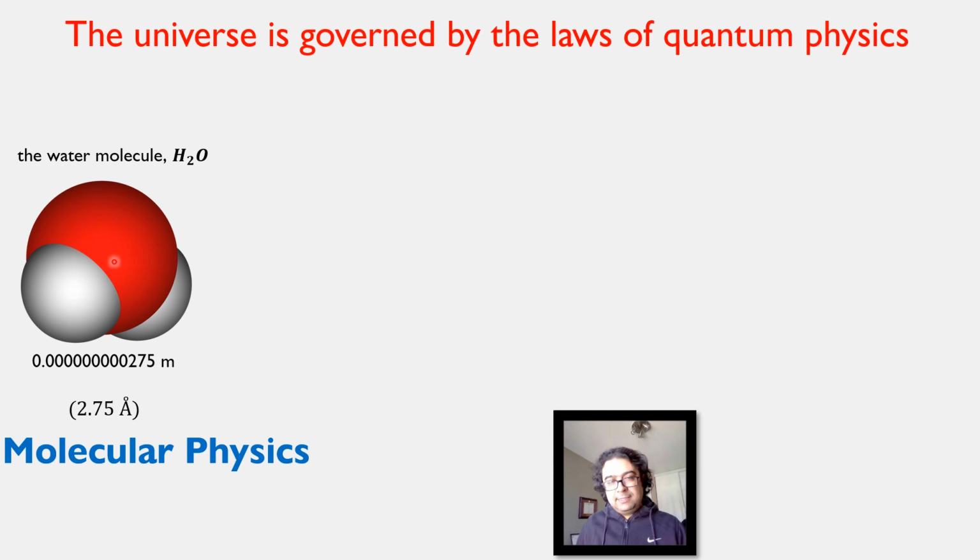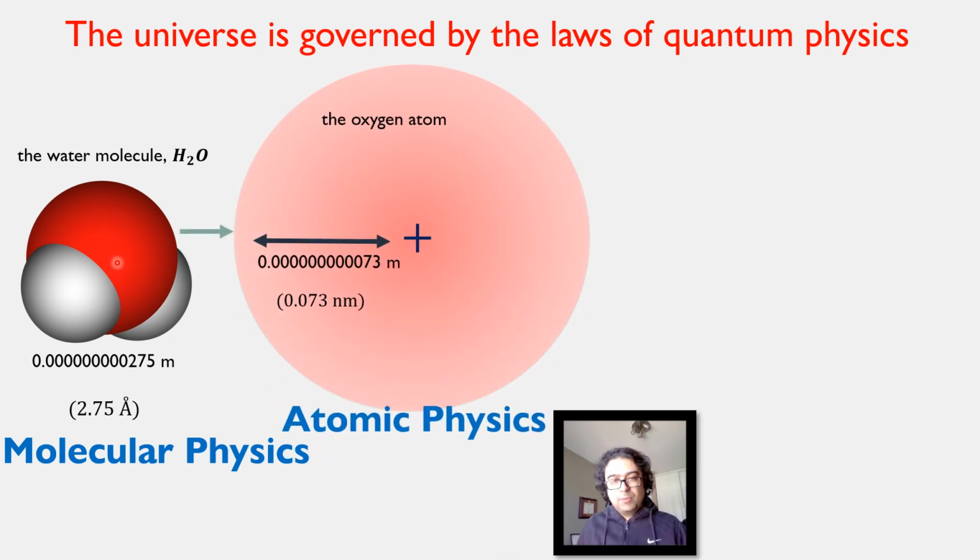So let's take, for instance, the oxygen atom and see what's inside it. So let's say if I zoom into the oxygen atom, this is what I would, again, figuratively see. Okay? No one has ever seen an atom. Now, by the way, atom is derived from the Greek word atomos, which means indivisible, right?